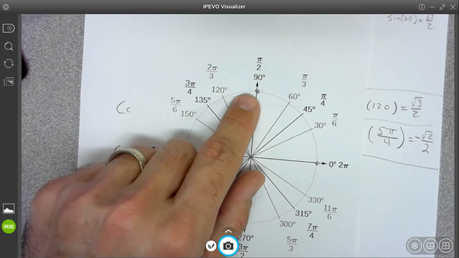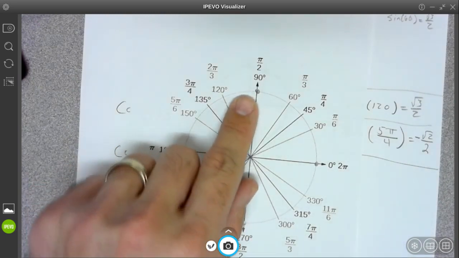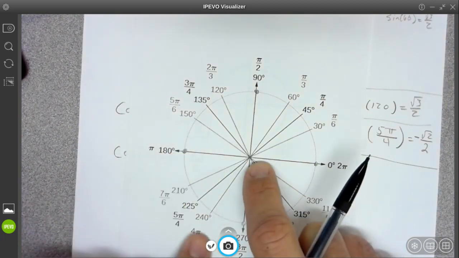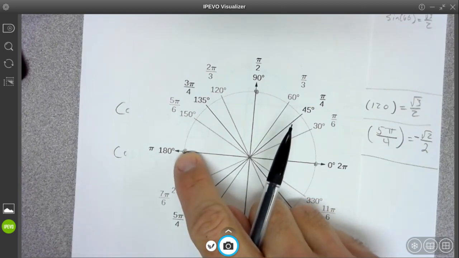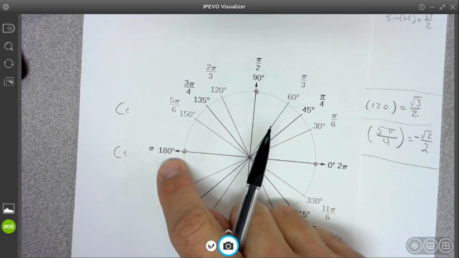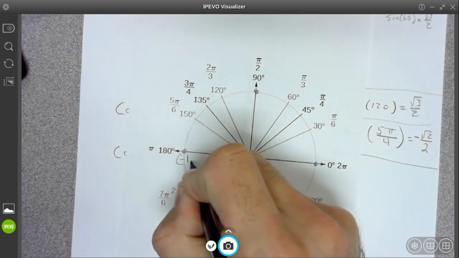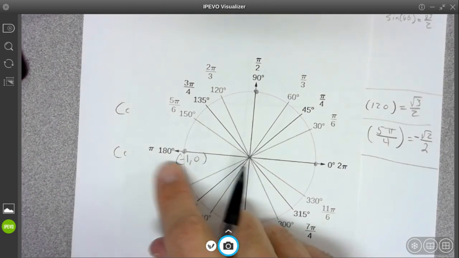So sine of 90 would be a 1 and cosine of 90 would be a 0. If you're over here, the x value is negative 1, but the y value is 0. So cosine of 180 is negative 1. I'll put the coordinates here, negative 1 comma 0. And the y value there, or the sine of 180, is equal to 0.